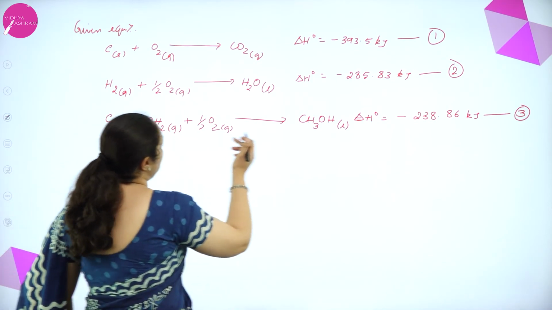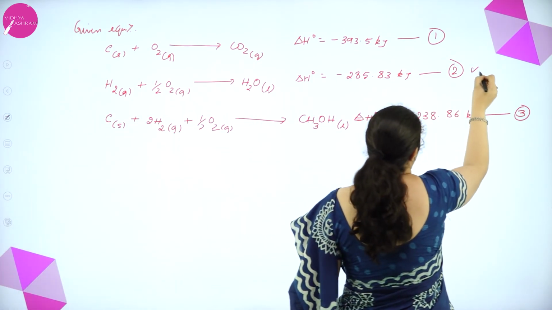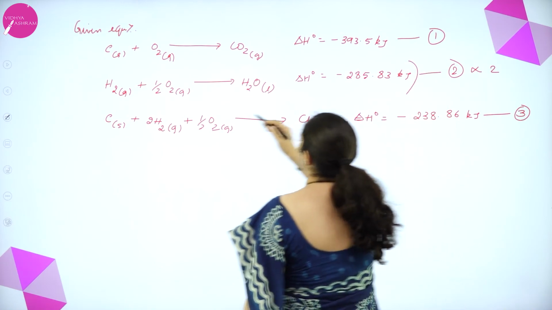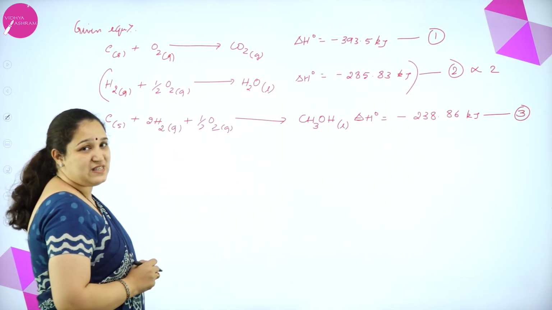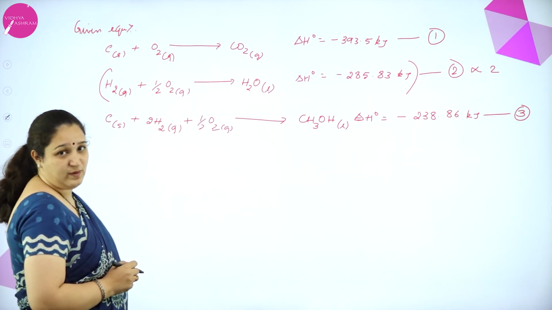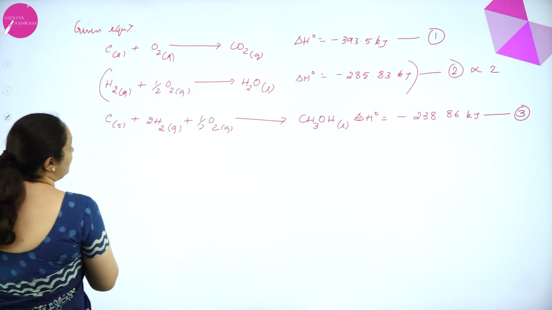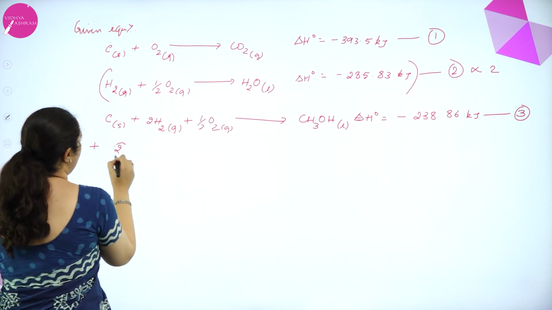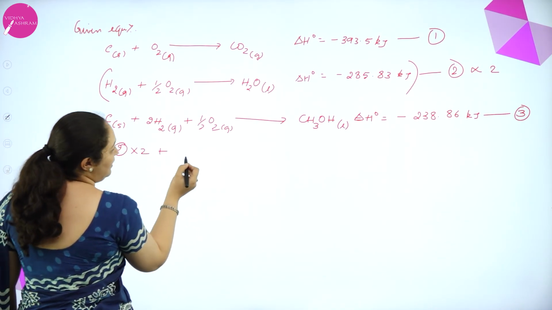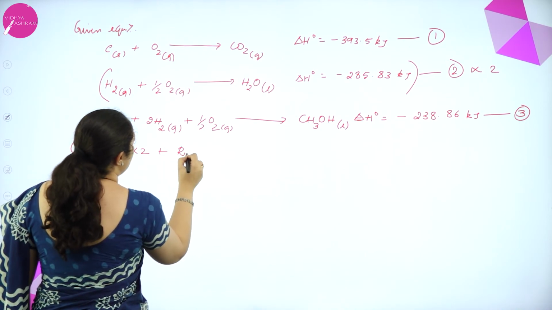So equation 2, I have to multiply by 2. We will see whether we get the required equation once we do it. So what I am going to do is equation 1 plus equation 2 into 2 plus the reverse of equation 3.